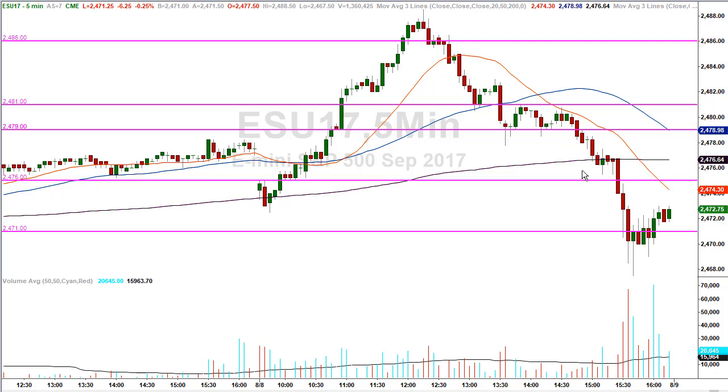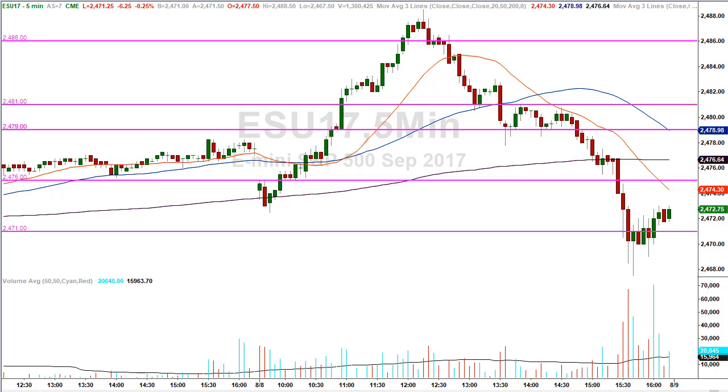We consolidated over the 2475 level right here. This is the area that I'm talking about. The longer we consolidate over a level, the less important that support level will become. The same thing works on the flip side. If we consolidate under a resistance level, the less important that resistance level will become.